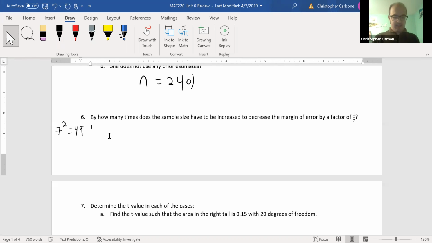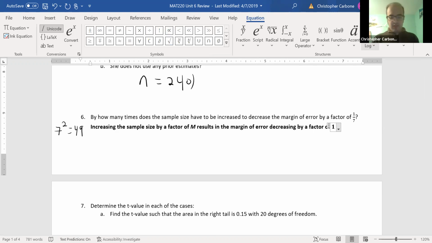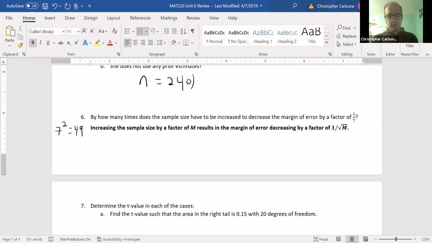That is going to be that increasing the sample size by a factor of m results in the margin of error decreasing by a factor of 1 divided by the square root of m, whatever that number so happens to be.